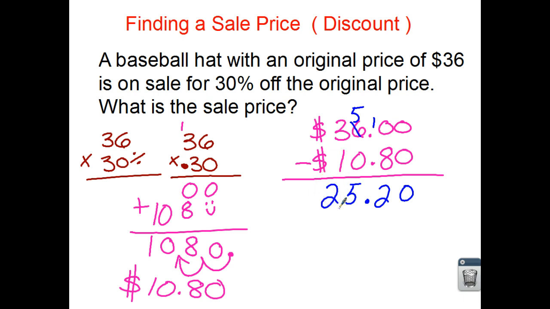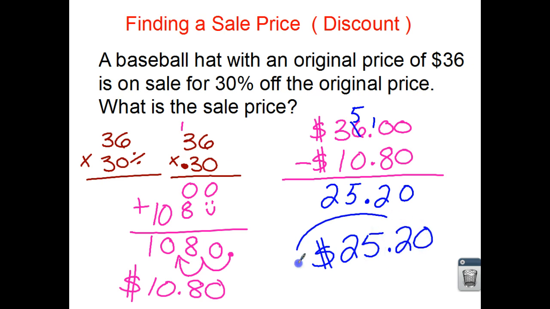So we have what we call the sale price. The sale price is now $25.20. So the $36 hat, with 30% of it taken away, which was $10.80, we take that away from the original and we end up with a sale price of $25.20. I'm going to go buy that hat right now. That's a pretty good deal.